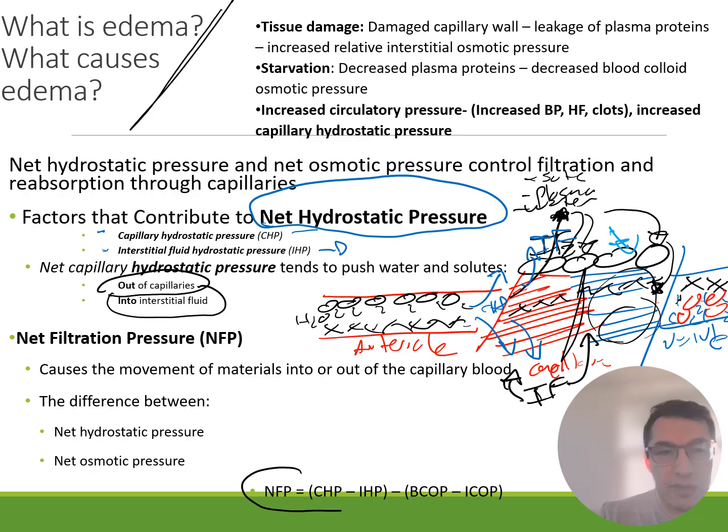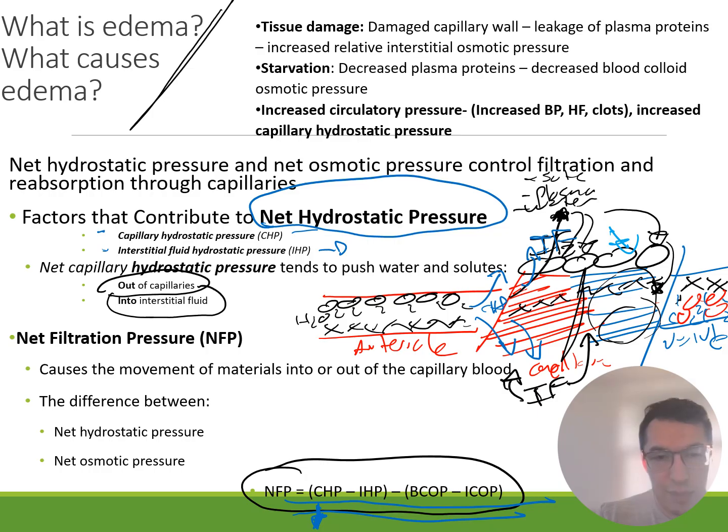The net filtration pressure can be calculated as follows. We have the capillary hydrostatic pressure, so how much is coming out. We're just gonna put this as blue. How much is coming out of that vessel. Let's just paint a vessel right here. This is a capillary vessel. The interstitial hydrostatic pressure is pushing it back in, but it's small.